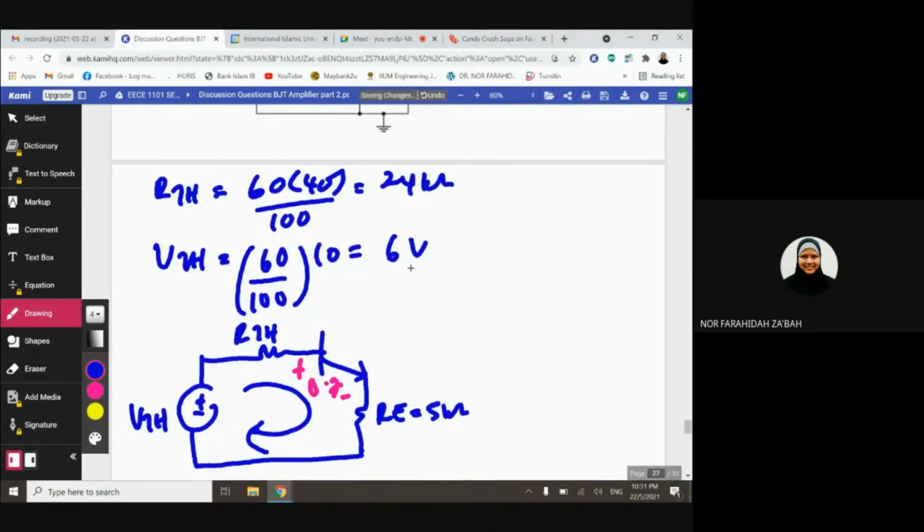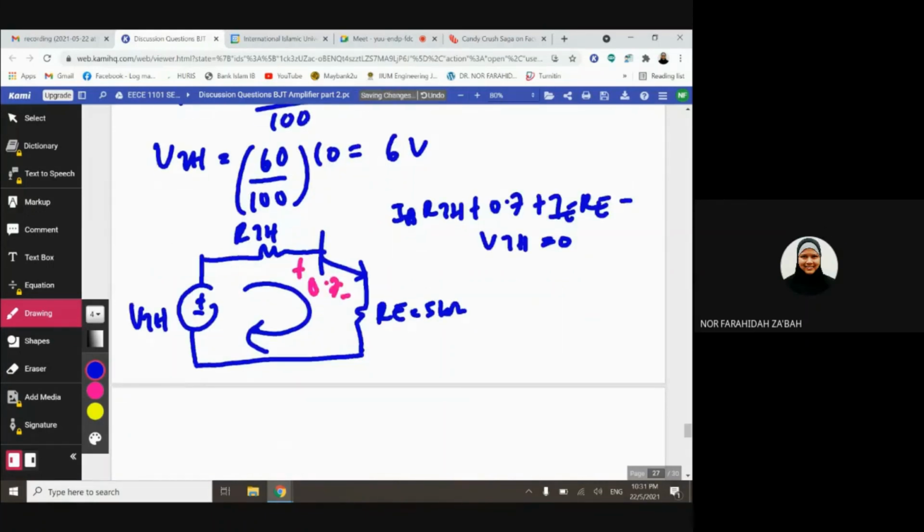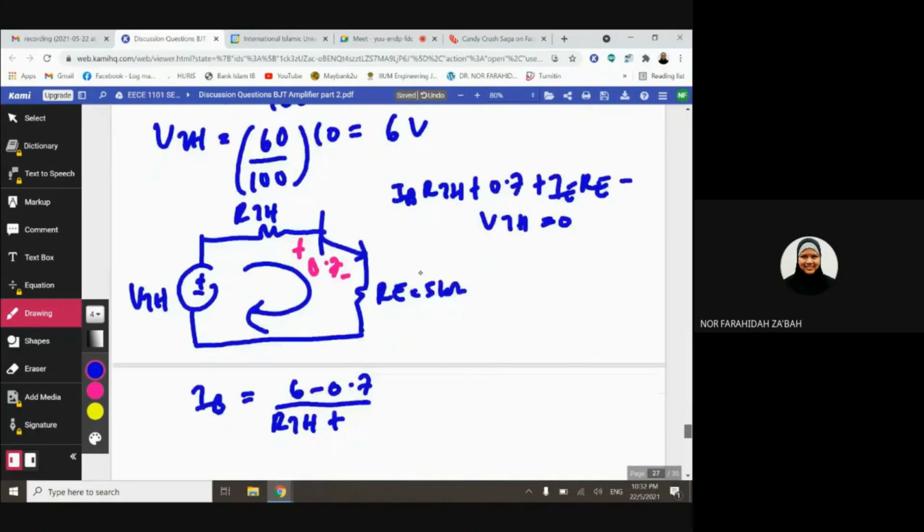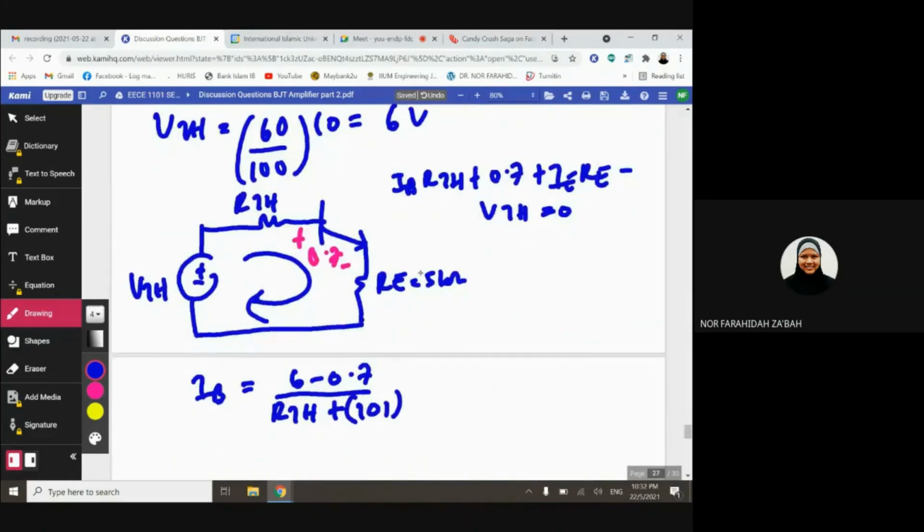Just use the BE loop: IB RTH plus 0.7 plus IE RE minus VTH equivalent to 0. So IB is equivalent to 6 minus 0.7 over RTH plus, beta is given as 100, so 101 multiply with 5.